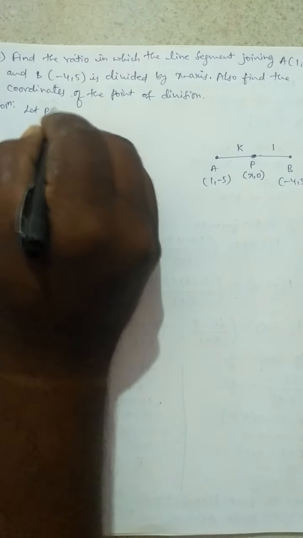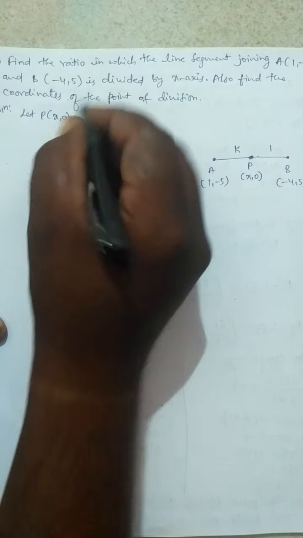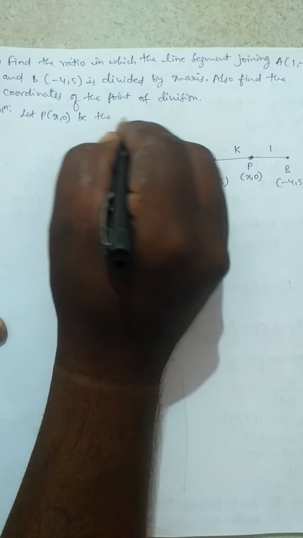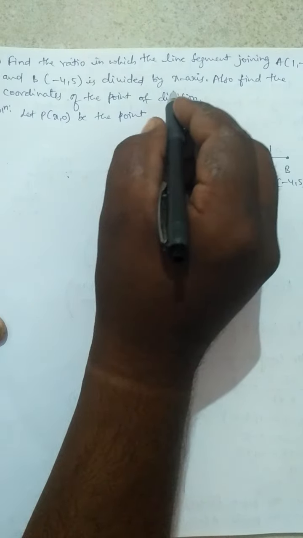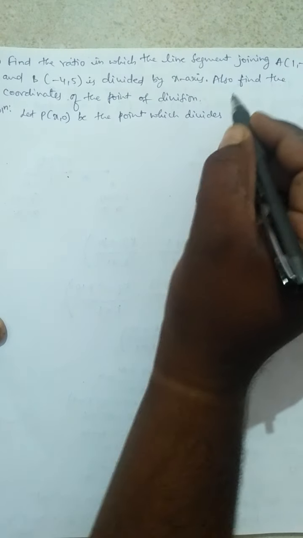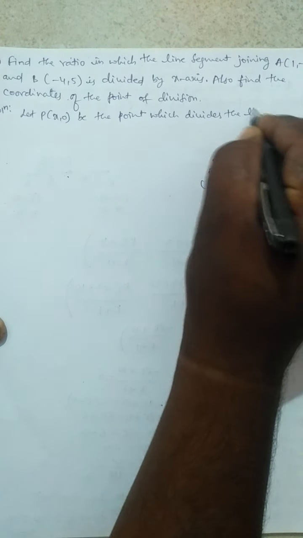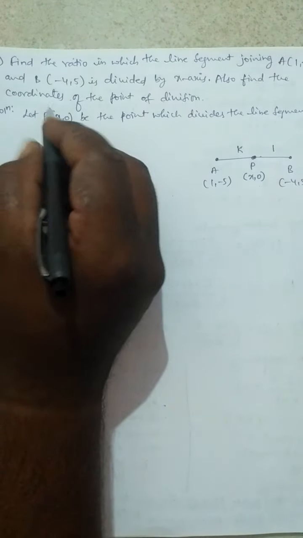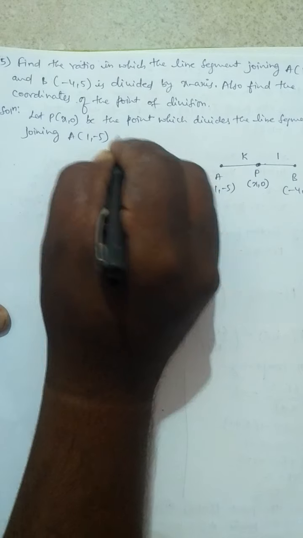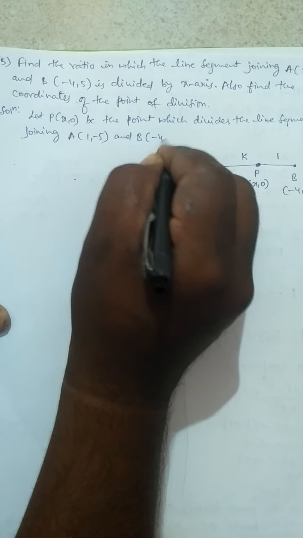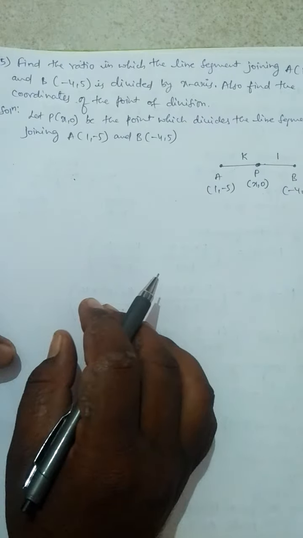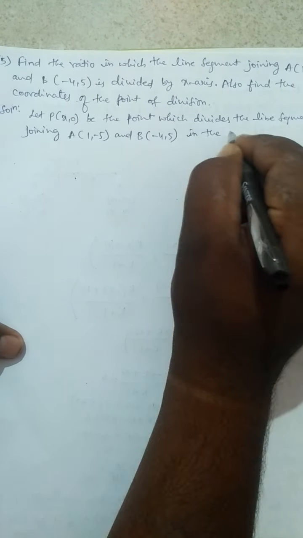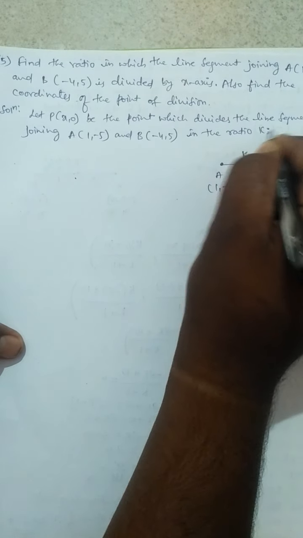Let P of x comma 0 be the point which divides the line segment joining A of 1 comma minus 5 and B of minus 4 comma 5 in the ratio k is to 1.